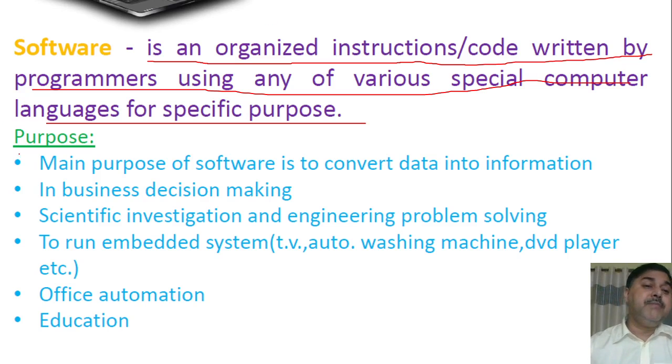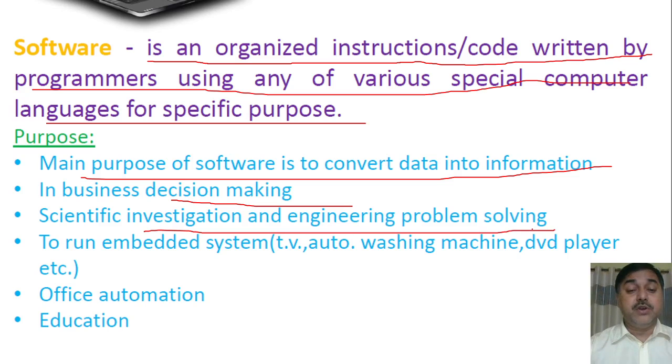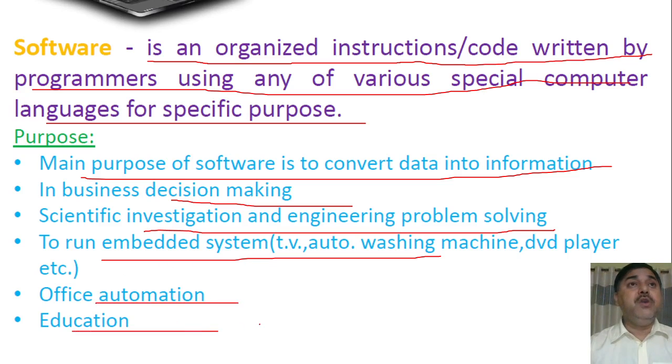So what is the main purpose? The main purpose of software is to convert data into information. Then we get different types of business dealings, which are also done. Scientific investigations and engineering problems are also handled. It also helps to run embedded systems. And there is office automation and educational purposes.